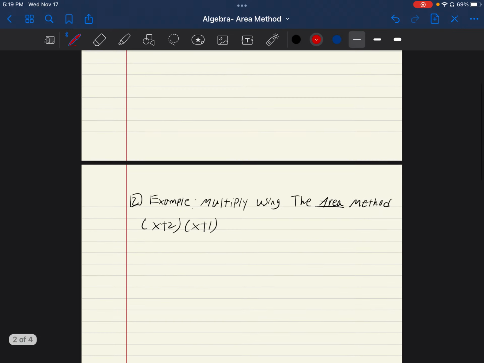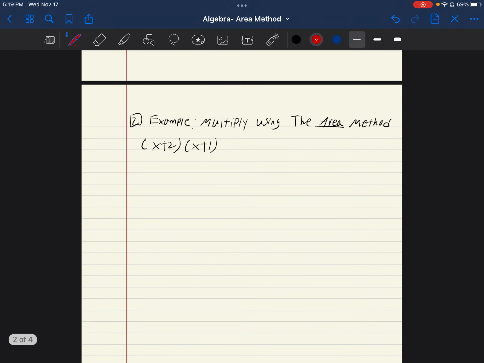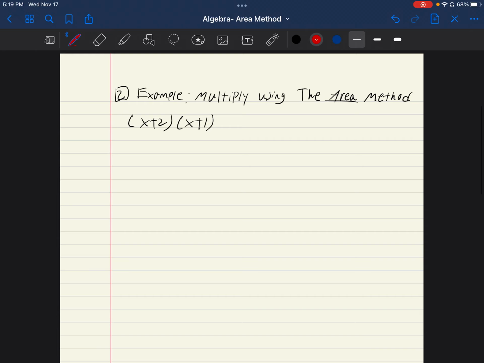Now for the first problem, we have x plus 2 times x plus 1. What we can do first is mimic what we did in the first example.